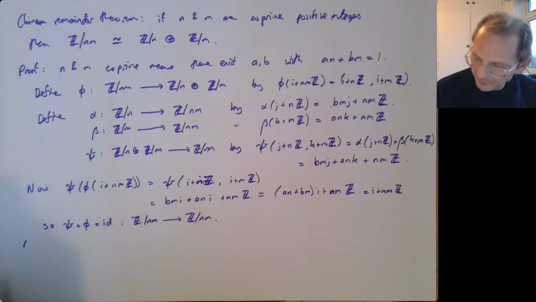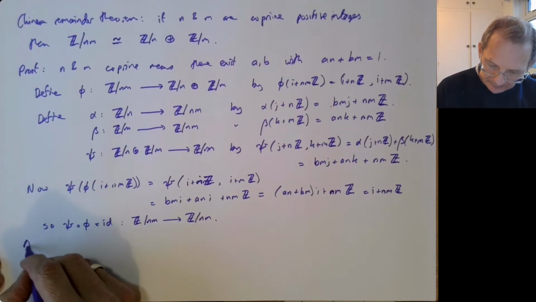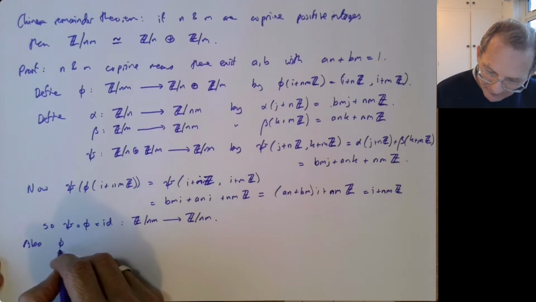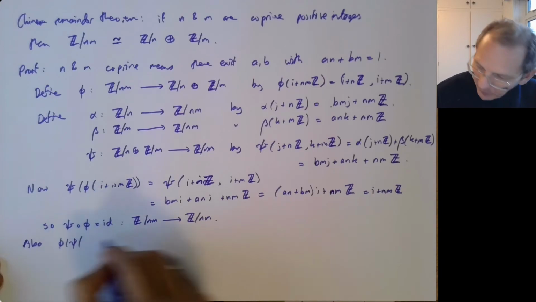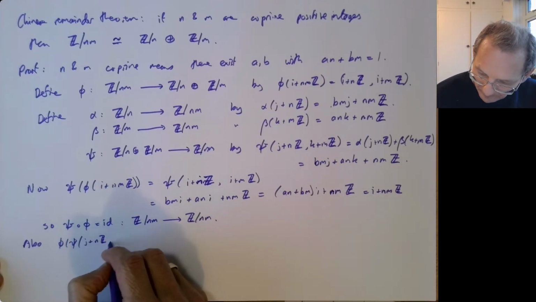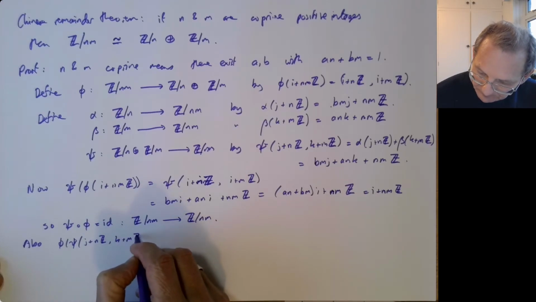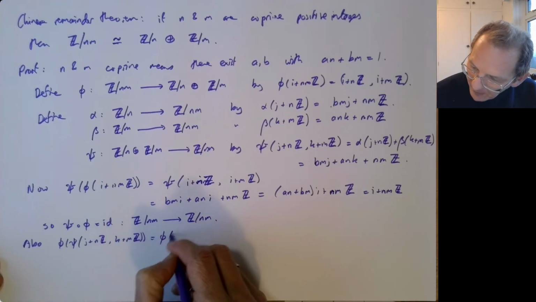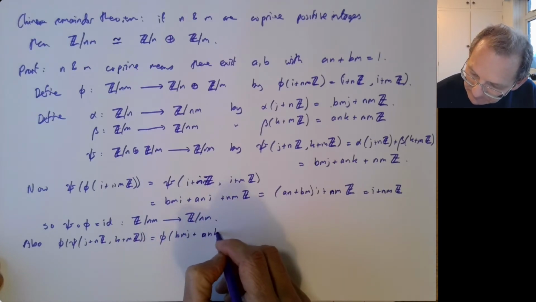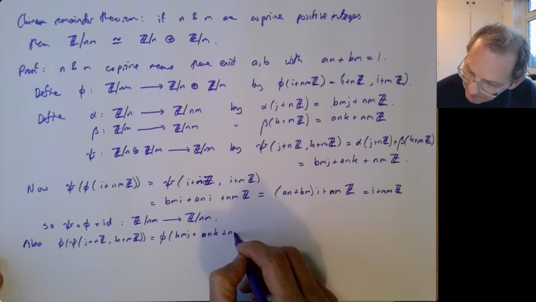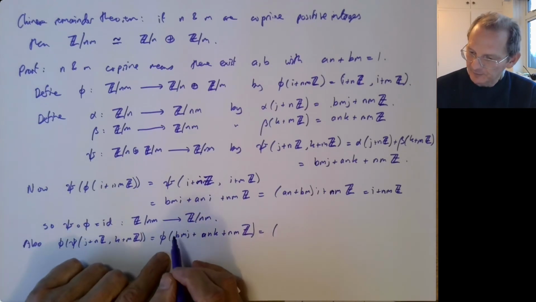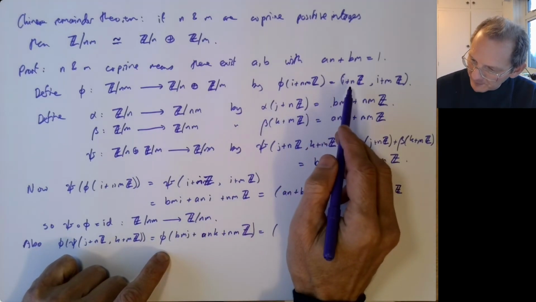So now let's think about phi of psi of a pair like this, j plus nz, k plus mz. That's phi of bmj plus ank plus nmz. Looking at the definition of phi, we just reduce mod n.